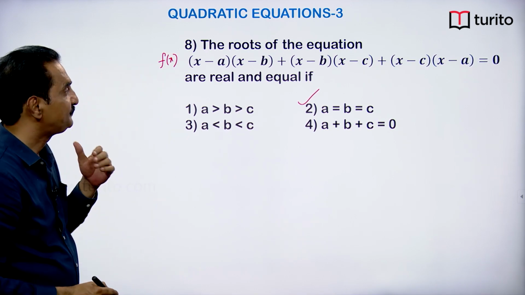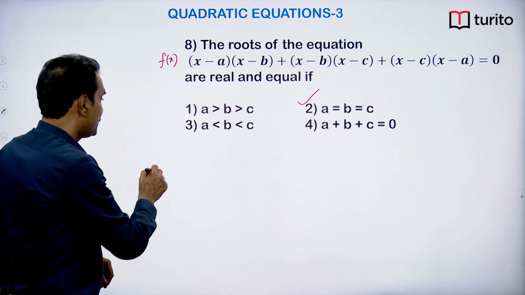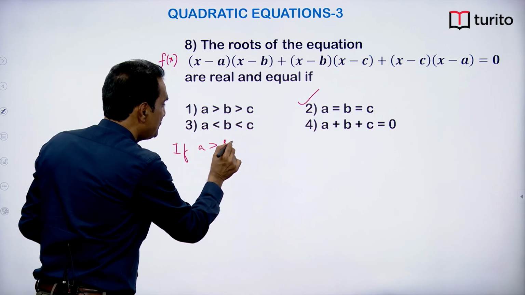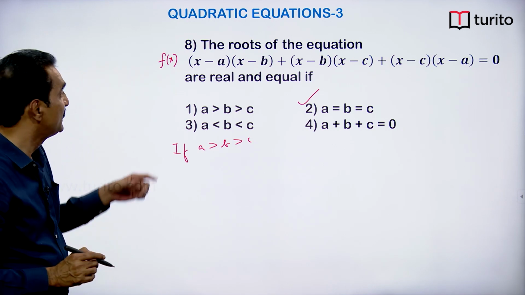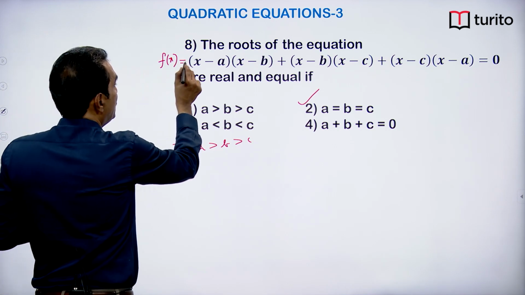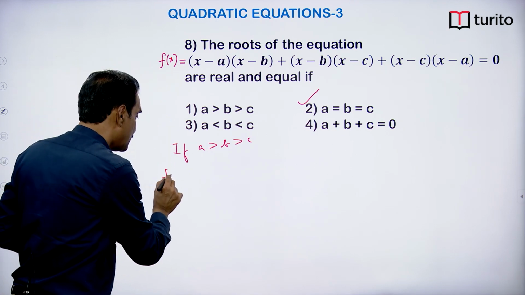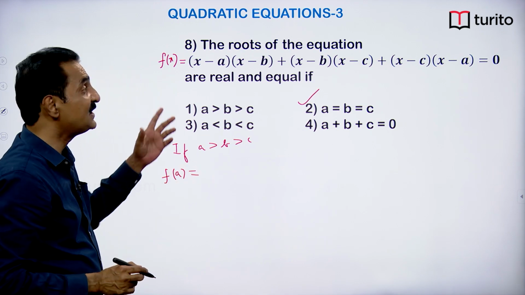Now, let us assume one order like this. If A is greater than B greater than C, some order, that means A, B, C are distinct. Then if I substitute x is equal to A, f of A will be what? A, B, C are real.